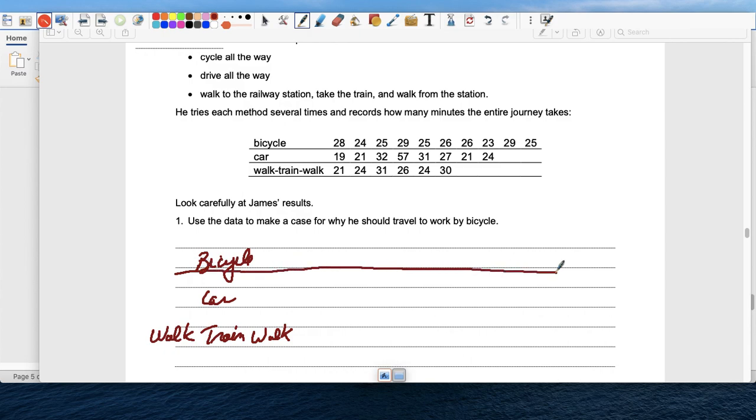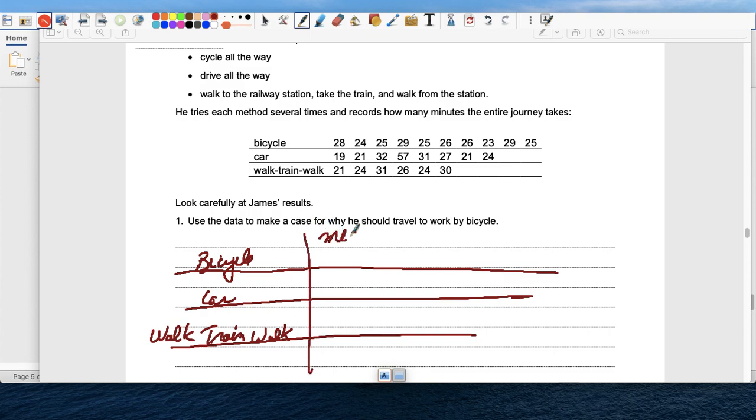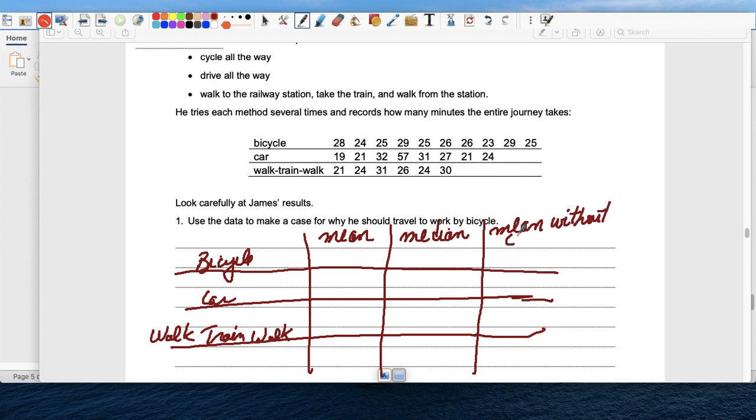So we're going to make a table. Here we're going to do the mean. Remember, we did this in class. I'm just doing it again. Okay, this is the median. And then we're going to do the mean without the outlier. Vamos a hacer el mean otra vez, pero sacando el outlier. All right?